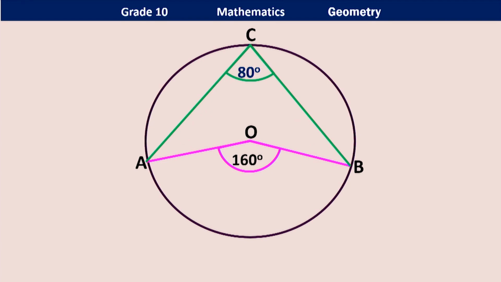Now, I am going to change the angle subtended on the center once again. This time, AOB is equal to 180 degrees. If I say angle AOB is equal to 180 degrees, what comes to your mind? Yes. So, AOB should be a straight line segment now.